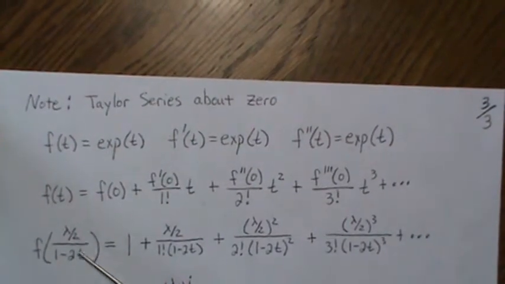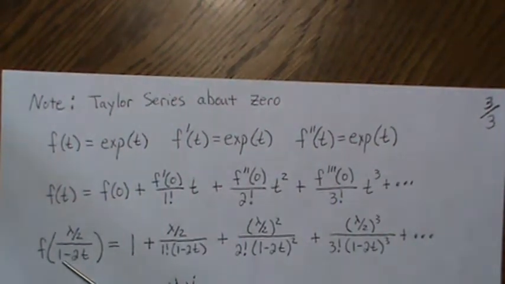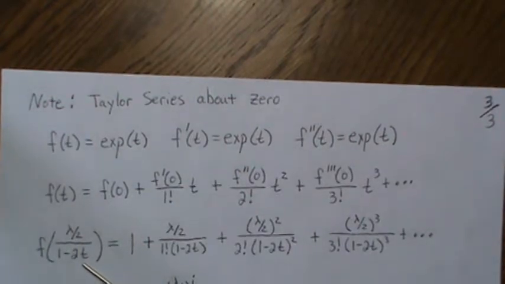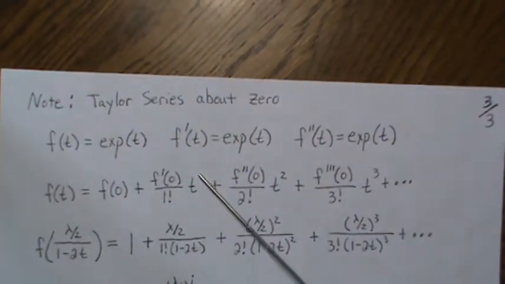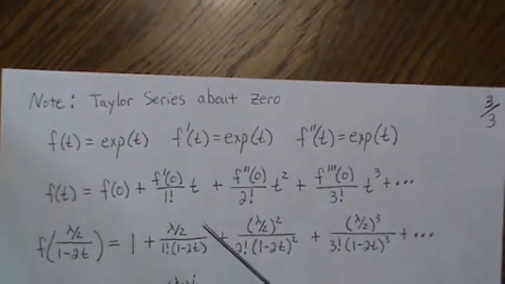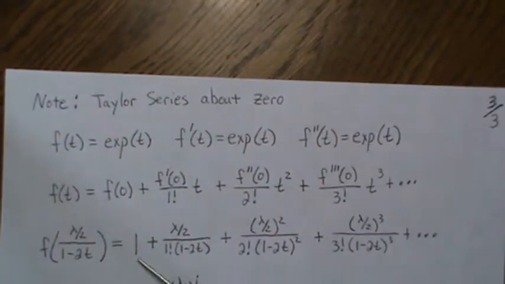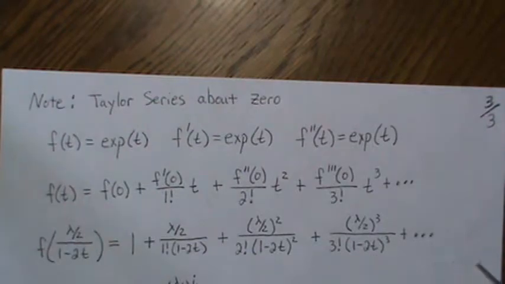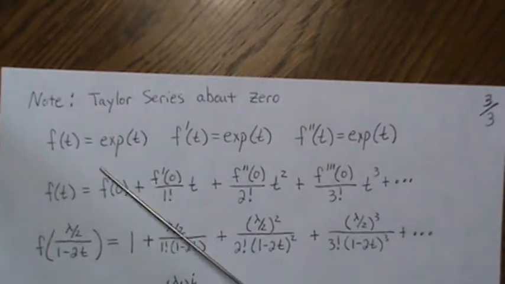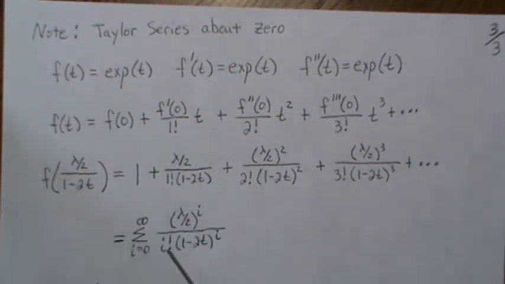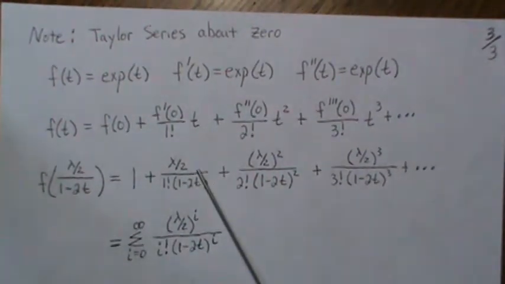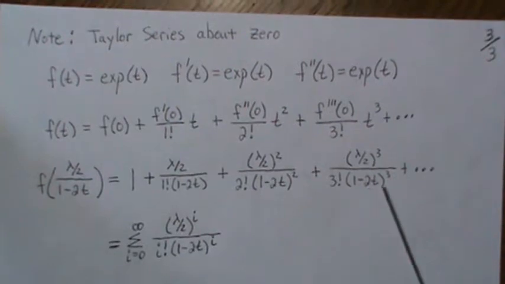And if you evaluate it at lambda over 2 divided by 1 minus 2t, and you plug that in for all the t's, it becomes this, and then squared and cubed, etc. This is evaluated from 0 to 1. So you can write that generically as this sum, right?